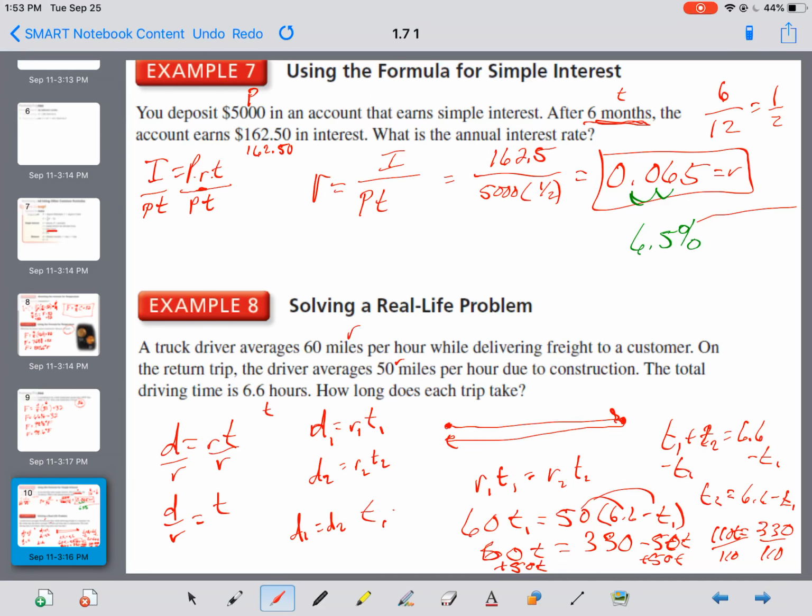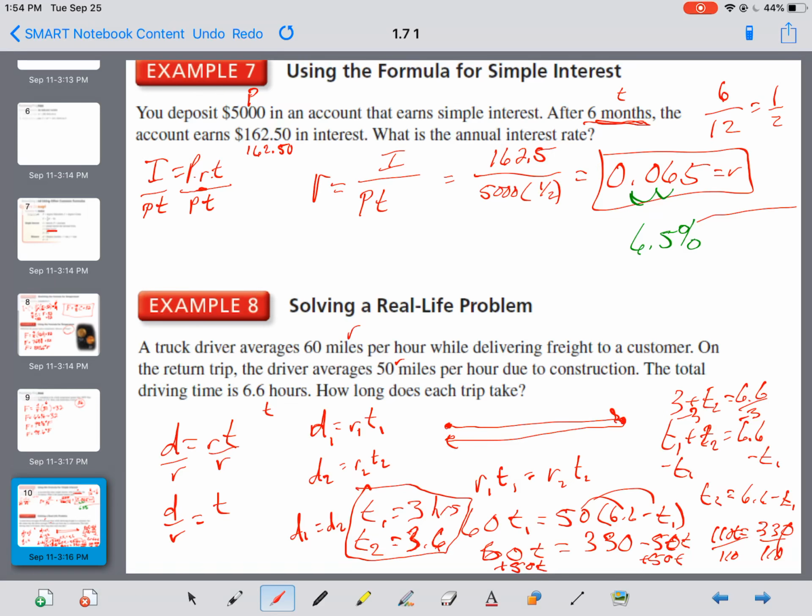So time 1 equals, drop the zeros, that'd be a factor of 3 hours. And we already said that T1 plus T2 is 6.6, so 3 plus time 2 equals 6.6, minus your 3. So time 2 equals 3.6 hours. How long does each trip take? Trip 1, 3 hours. Trip 2, 3.6 hours.